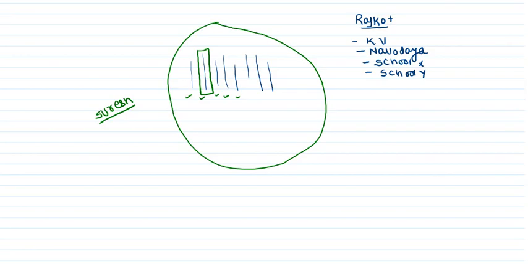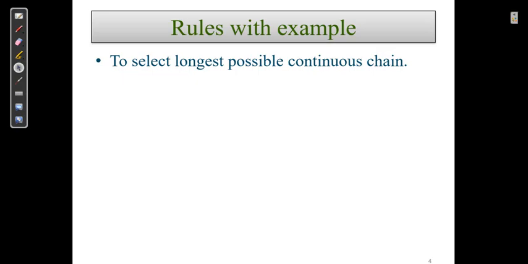After completion of one row, you have a chance to go to the second row. So the first step to find the student is to find the longest possible chain. There are two important words: the first is longest and the second is continuous. If it is not continuous, then it is useless.